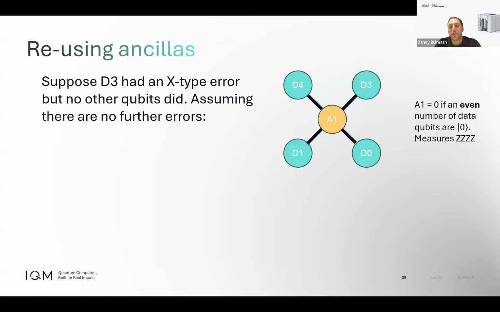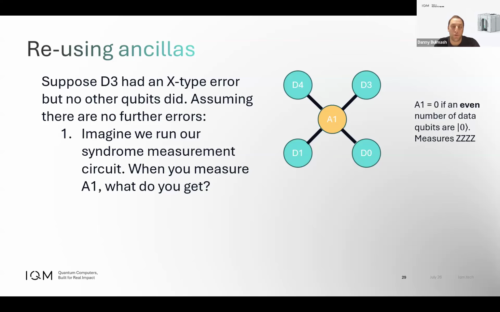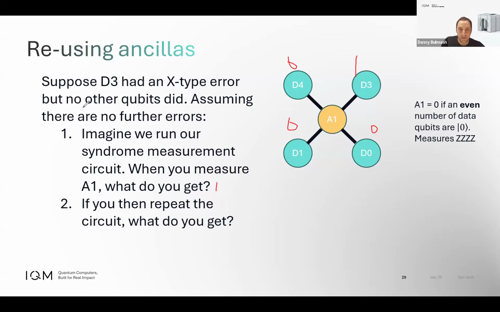What we said is we're going to flip A1 if an odd number of qubits are 0. So when we do this measurement, we have 0, 1, 0, 0, and we run the circuit, we're going to measure 1. But then if we repeat the circuit, what actually happens is that we flip A1 because there's an odd number of data qubits. So we actually end up accidentally flipping it back to 0.